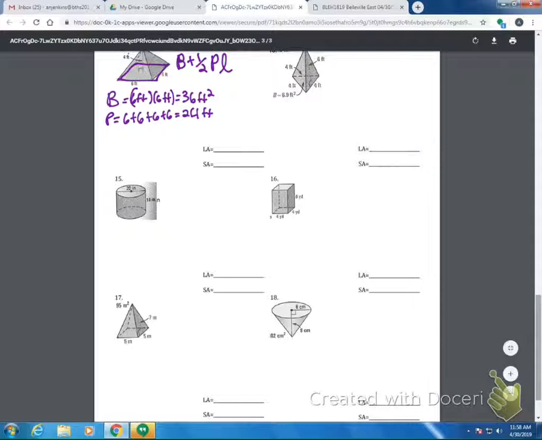Okay, Brandon, you ready for this? Put on your boots, bud. It's going to be some work. Okay, so here, you have to find your slant height. So how did we find the slant height in the first part? The last 2 questions on the first page. What did we use?